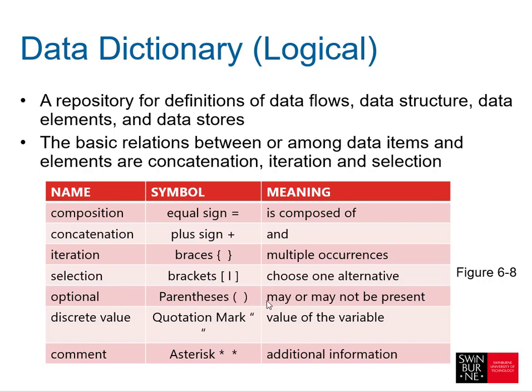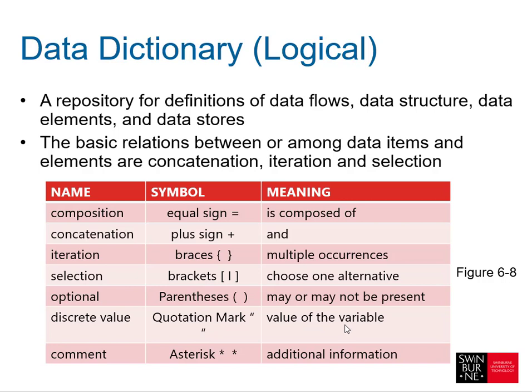If you use the parentheses, it shows that the item may or may not be present in your data flow, right? A customer can probably give their phone number with the customer order, so it is optional. That phone number can be put inside the parentheses. Then if you have a discrete value, we have to use the quotation marks, right?